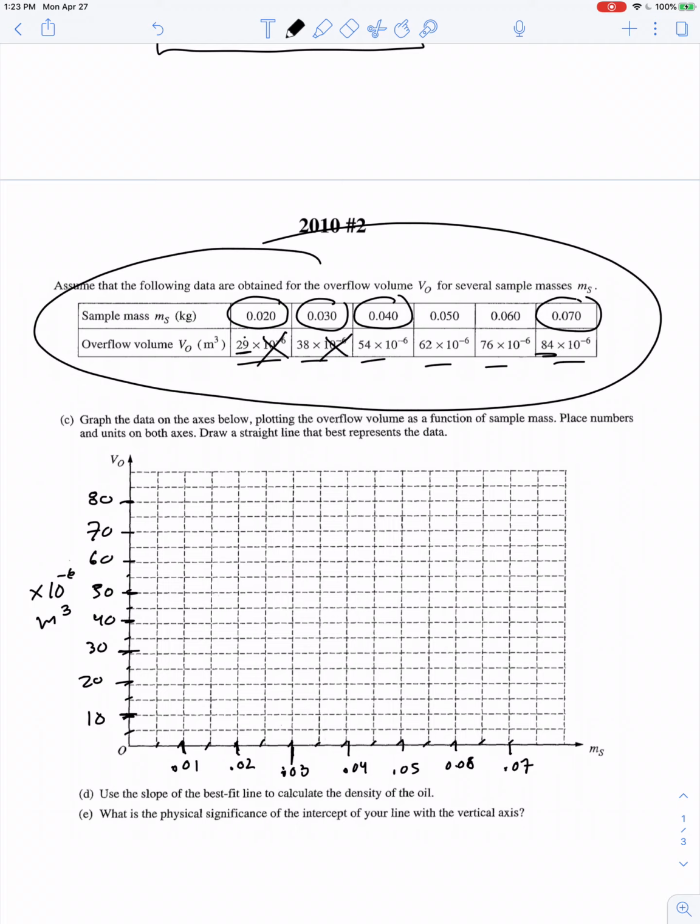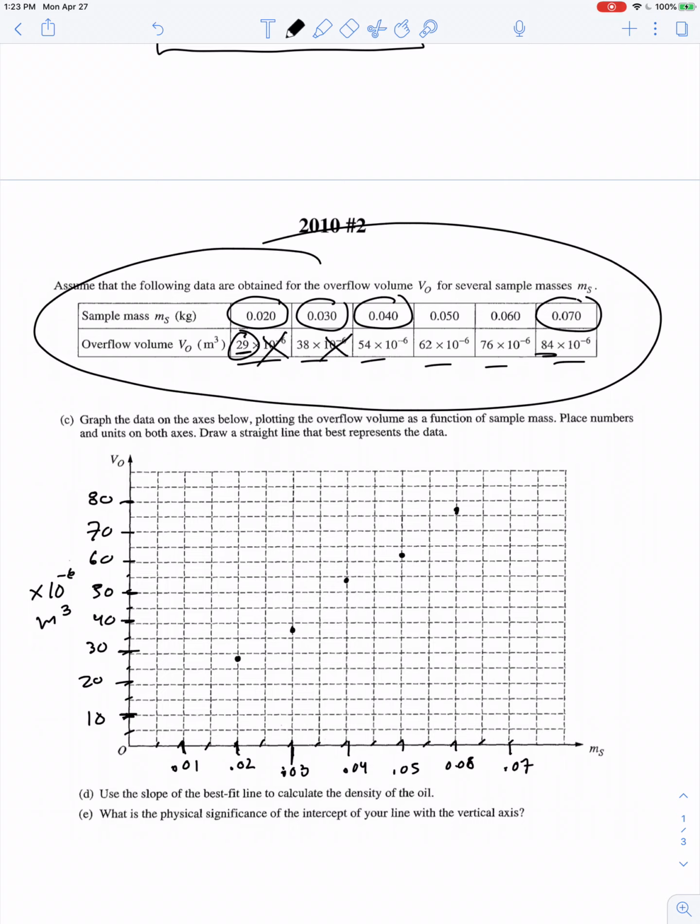So for 0.02, we get 29, about there. 0.03 gives us 38 here. 0.04 and 54, that plots about there. 0.05 and 62, how about that data point? And lastly, oh no, 0.06 and 76, not quite the last one. That's that data point.